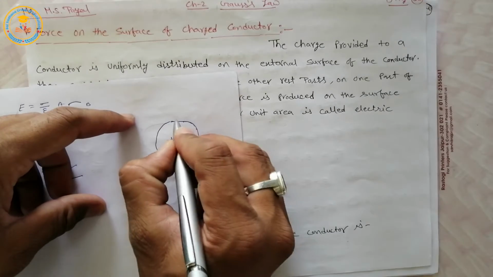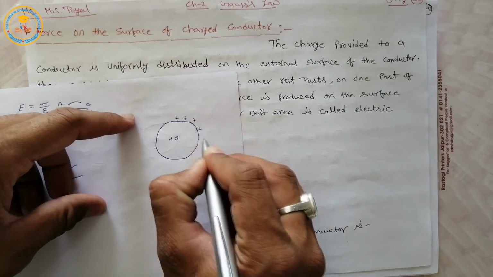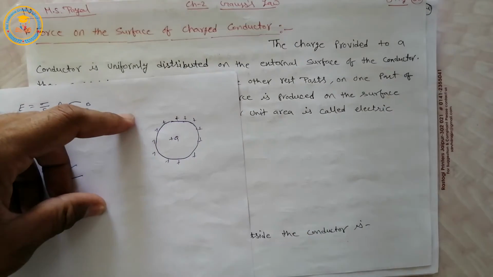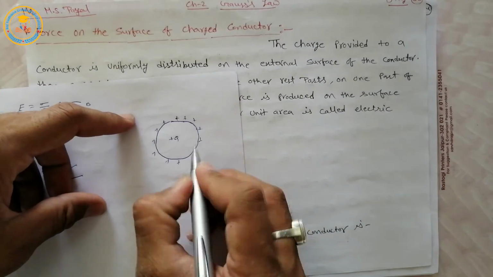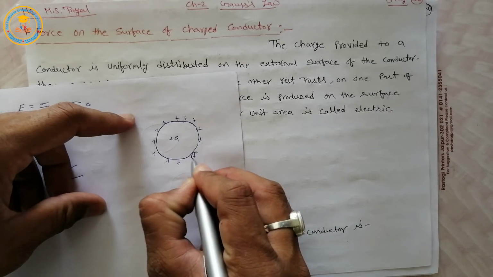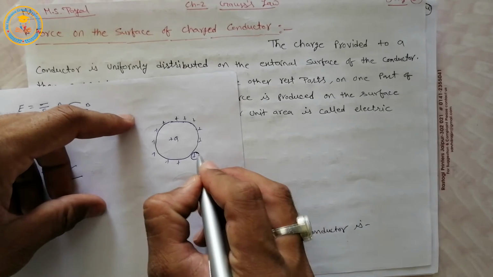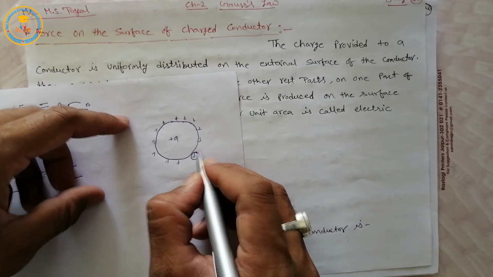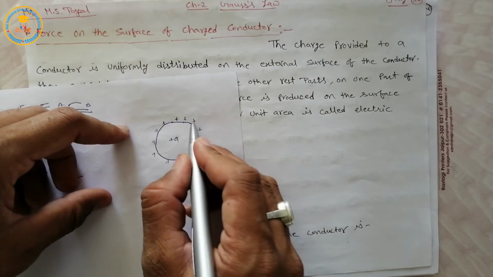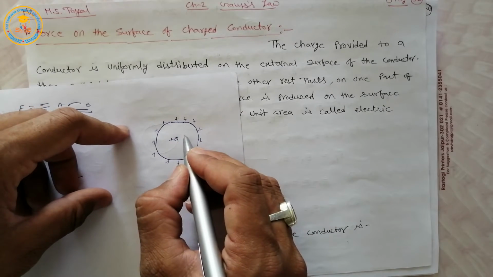Then this charge is uniformly distributed on this external surface like this. Then in these charges, a small charge experiences a repulsive force by these other charges.